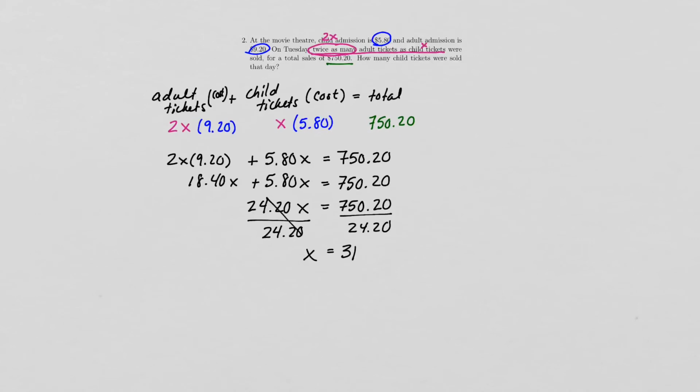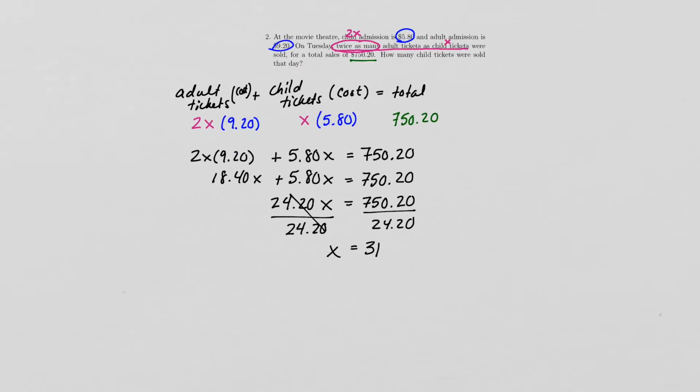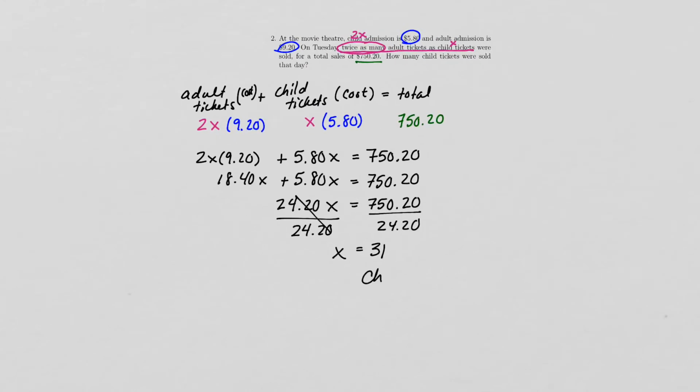We actually just got the answer we were looking for right away. So the child tickets sold is 31. I have 2 more examples here, so you get a feel for different ways of setting these up. Let's look at the next one.